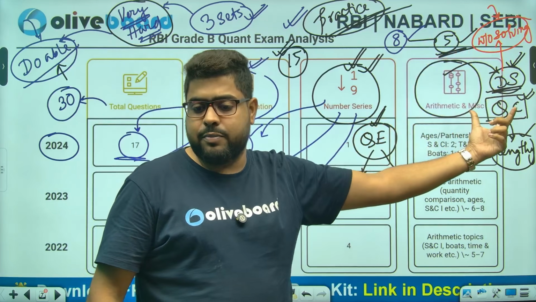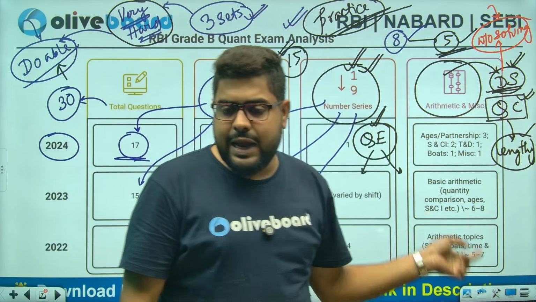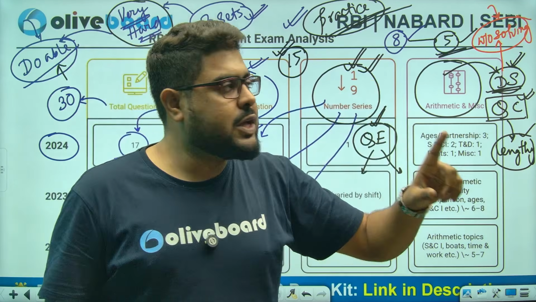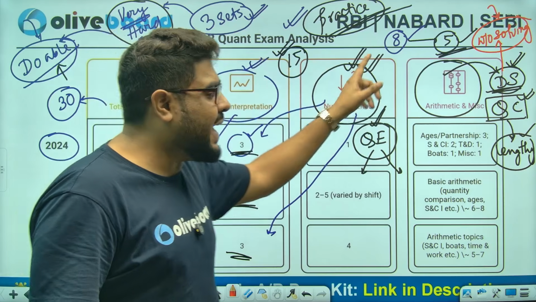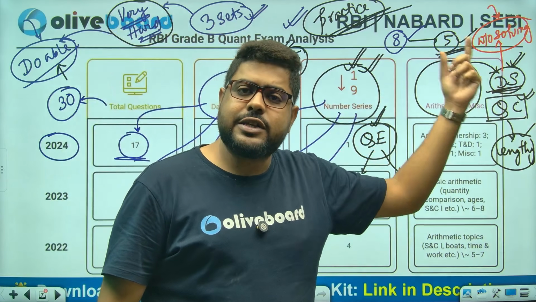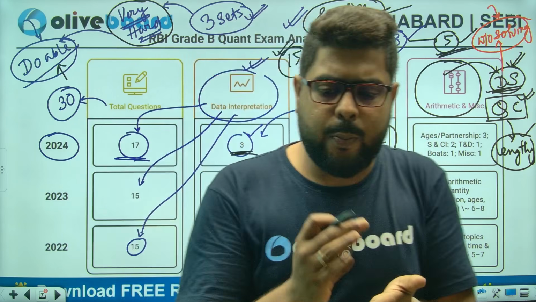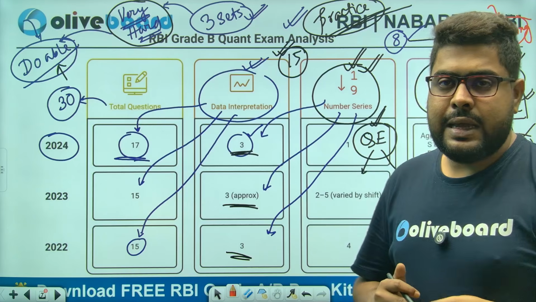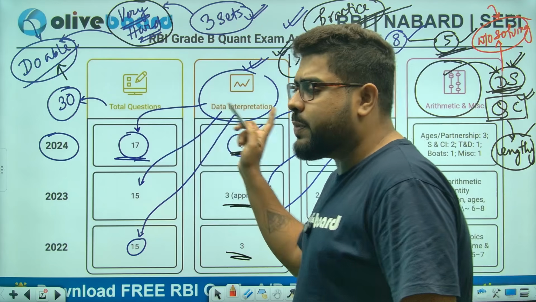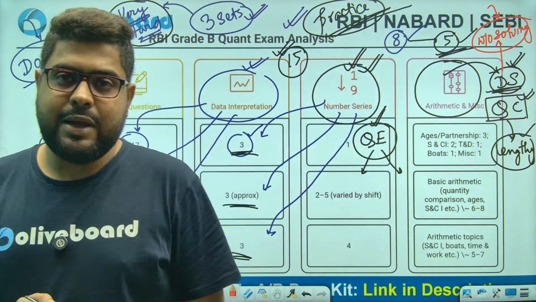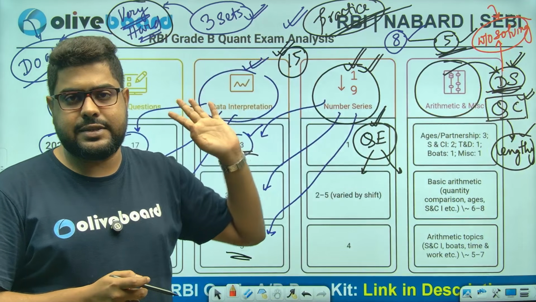This is very, very important because this is the only topic in the entire paper which you can answer without actually solving the question, if you have proper conceptual clarity. ये इकलौता ऐसा part है, right? There is no other part which can give you the marks like that. And generally, a couple of questions you will always find from DS.